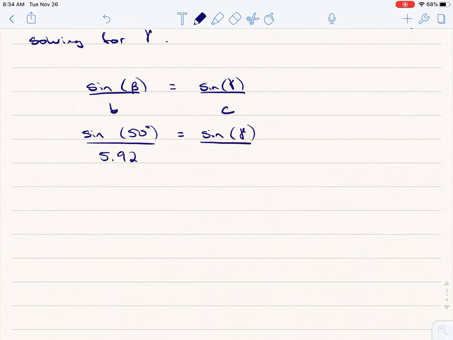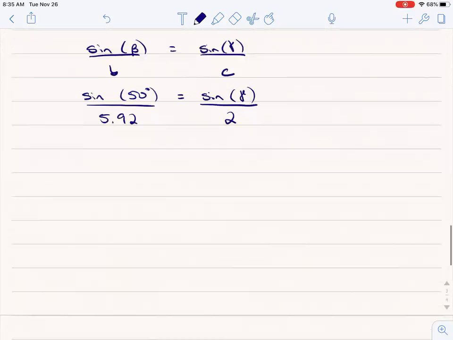Sine of gamma over c, which is 2. Rearranging this, multiplying the 2 over to the sine 50 and the 5.92 over to the sine of gamma, and then solving for the sine of gamma, we get the sine of gamma is 2 sine 50 divided by 5.92.